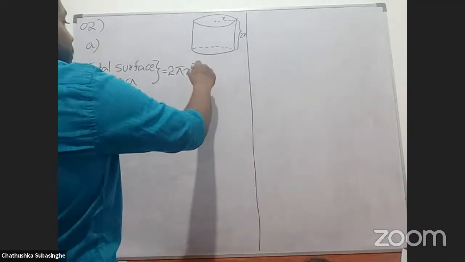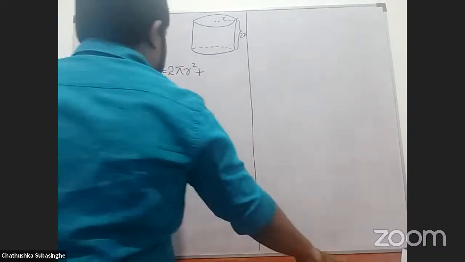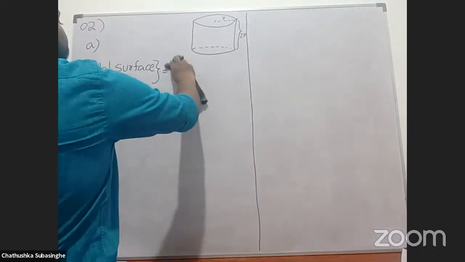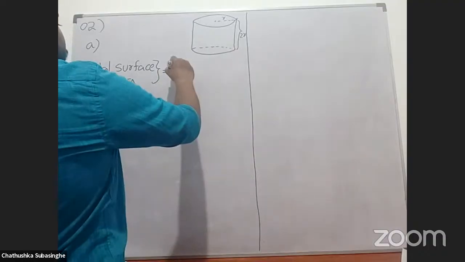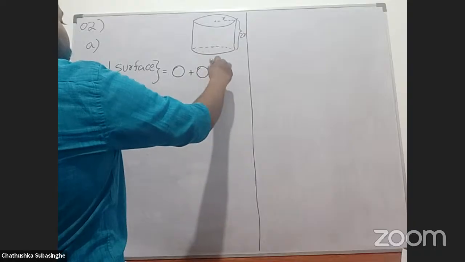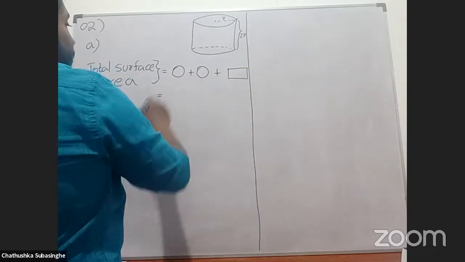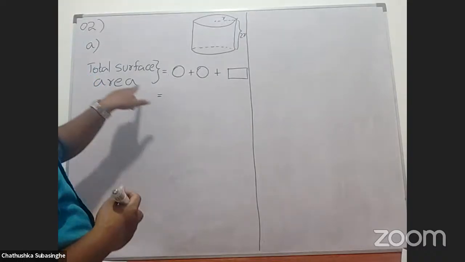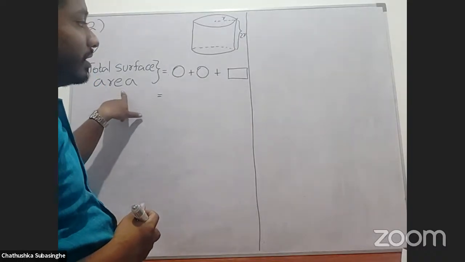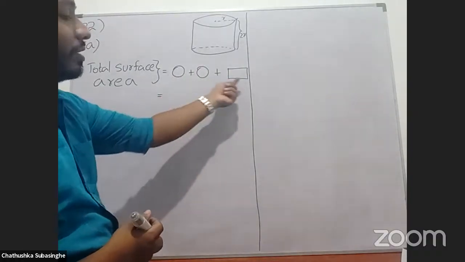Now plus, we have to find the surface area of the rest. We have two circles and a rectangle. That's it. The total surface area of a cylinder we can separate into three parts: two circles and a rectangle.